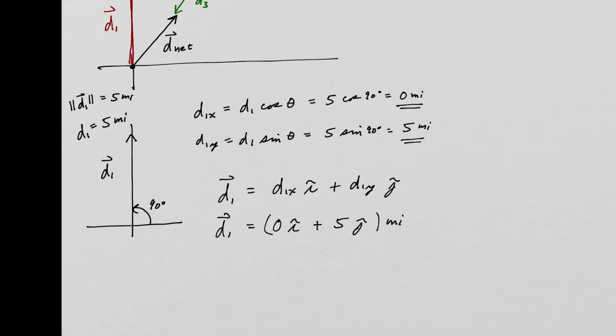Okay, what about d2? So let me go to the next page here. So d2 is, they're walking east, right? So it's in this direction. This is d2. And I know that the magnitude is 3 miles.